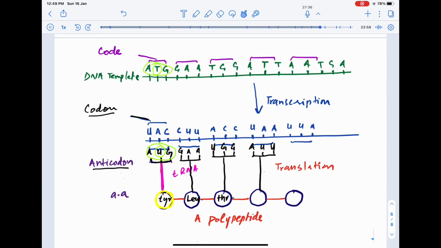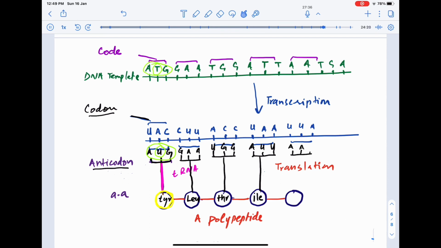This AUU codes for an amino acid isoleucine, which is represented with ILE.